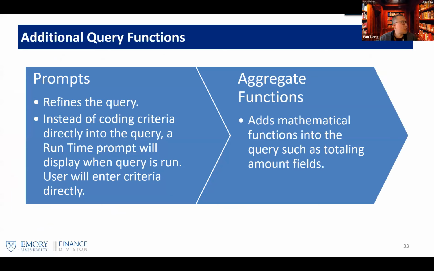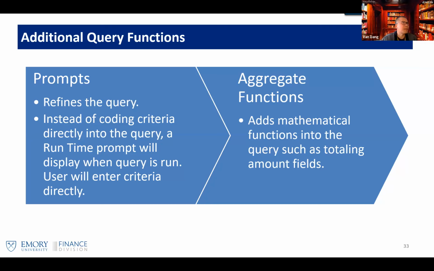All right, let's talk about prompts and aggregate functions. So what are prompts? Prompts can be used to refine the query. Instead of hard coding a value into your criteria, a runtime prompt will display almost like a question for you.